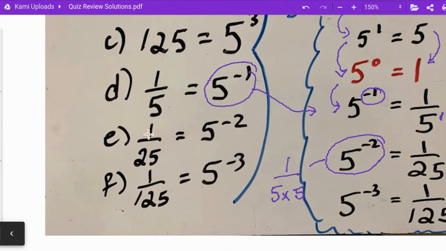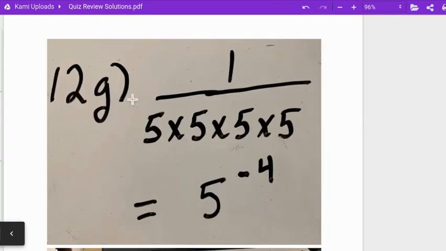So 1 over 25 is 5 to the negative 2. 1 over 125 is this one here. So we're getting smaller and smaller numbers, dividing by 5 each time. They're getting closer and closer to 0 as we add another power, or subtract 1 to make a bigger negative exponent.